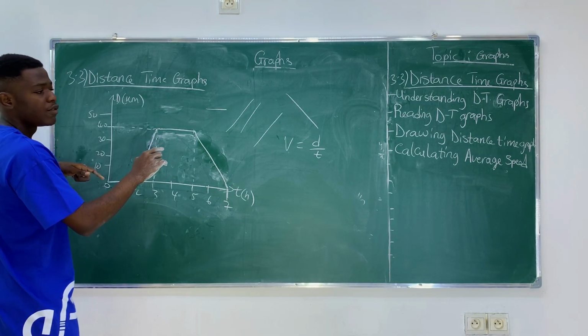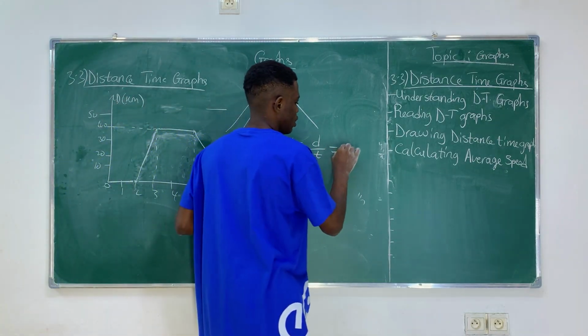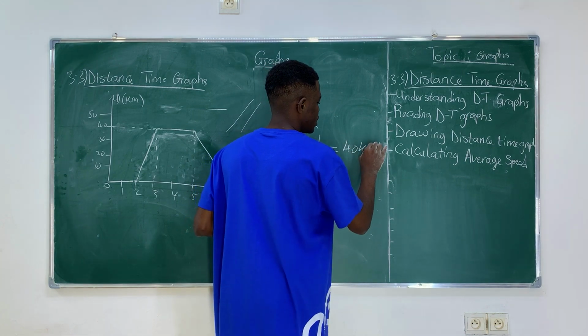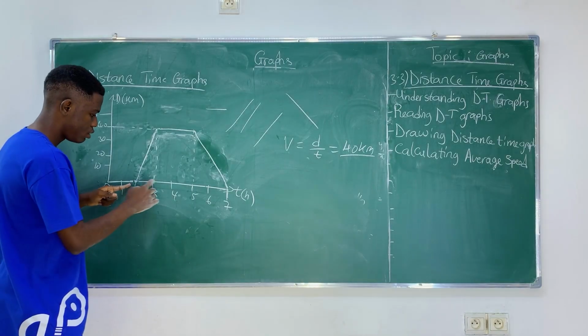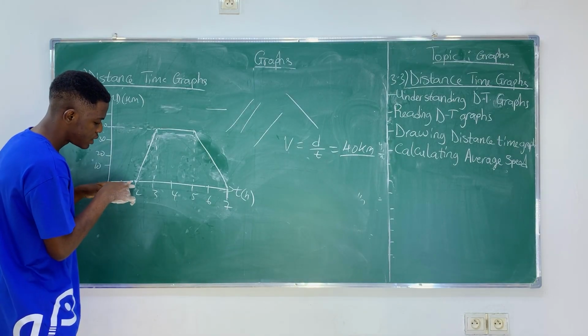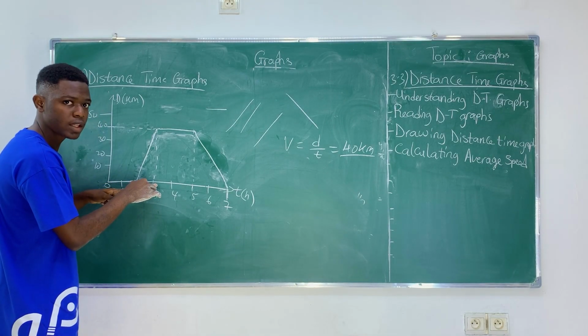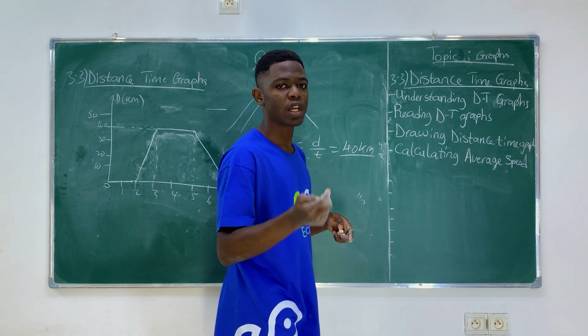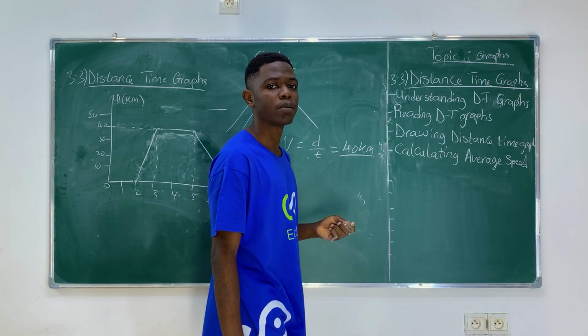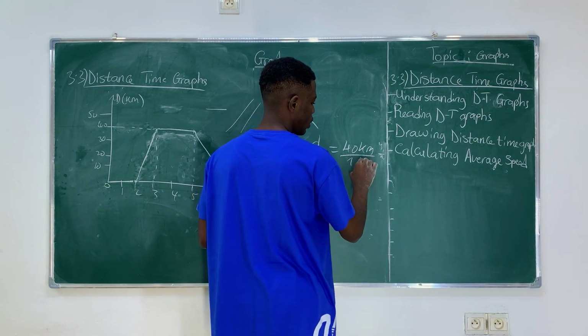So the distance is 40 kilometers. What about the time? The time was from the second hour to the third hour. How much time did it take? 1 hour.